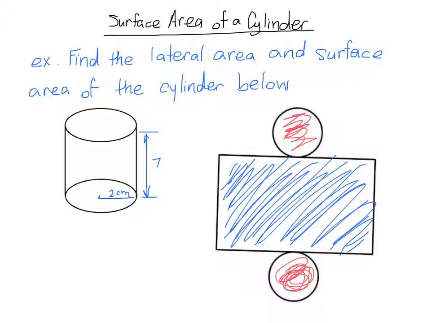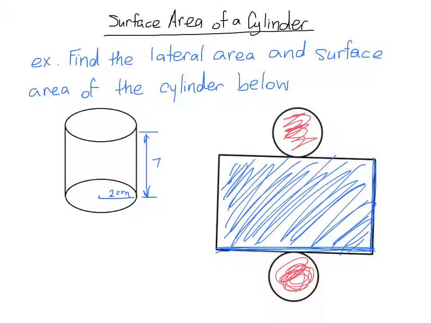All right, so remember that if I take this figure and I open it up, I get my rectangle here. So the length of my rectangle, or the base of my rectangle, is actually the same as the length going around my circle, or my circumference. So I'll repeat that and I'll write it down. So this length here will be the same as the circumference of the circle, and this will be the height of my cylinder.